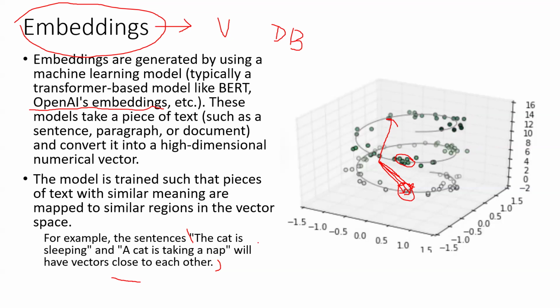Yep. So does this vector database and embedding have access to different ML models? Because from this example, like in the cat example, it shows that we have vectors close to each other, which is similar to how k nearest neighbors looks.